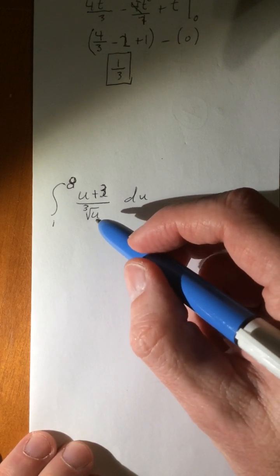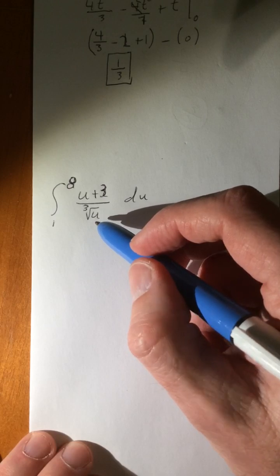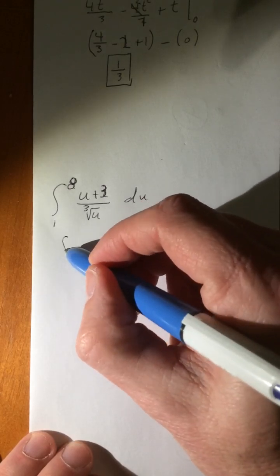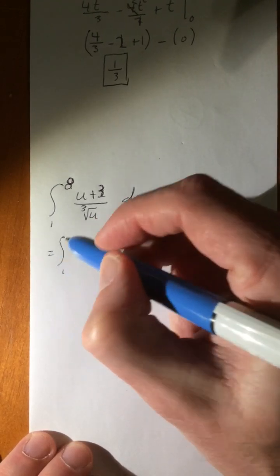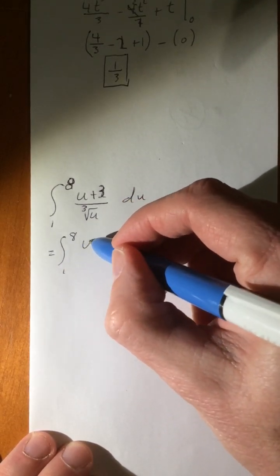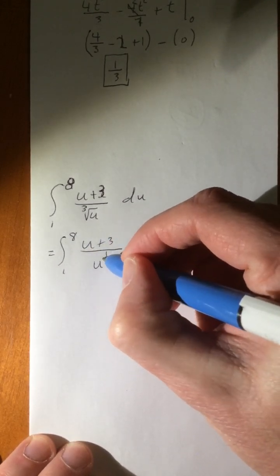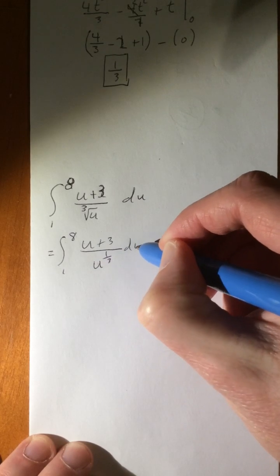Okay, so we're going to rewrite this as u to the 1/3. So we have the integral, from 1 to 8, of (u plus 3) over u to the 1/3 du.